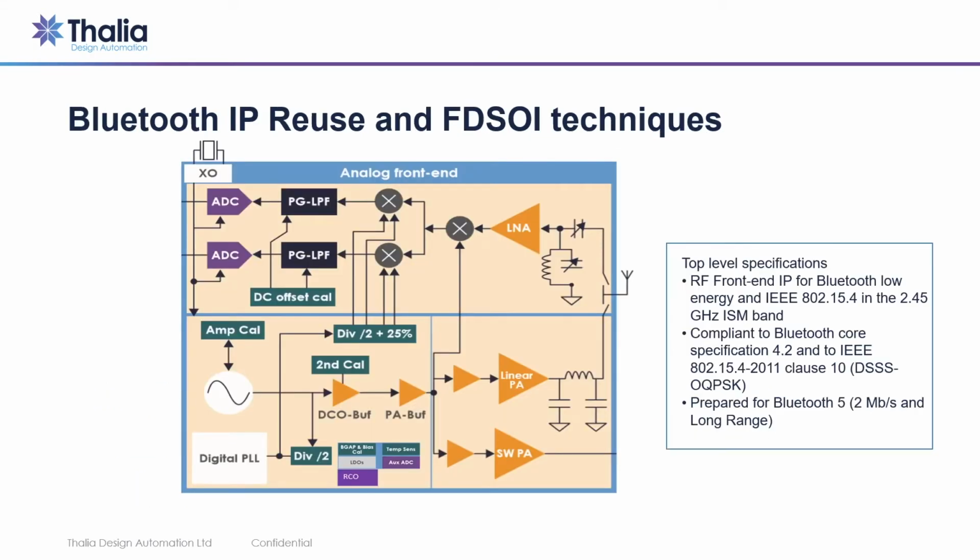So as part of the case study, I'll go over a Bluetooth 5 IP, which we migrated down to 22 nanometer SOI. The blocks you see here are standard blocks that are present within a Bluetooth IP. In today's case study, I will focus on one of the blocks listed at the bottom, RCO.